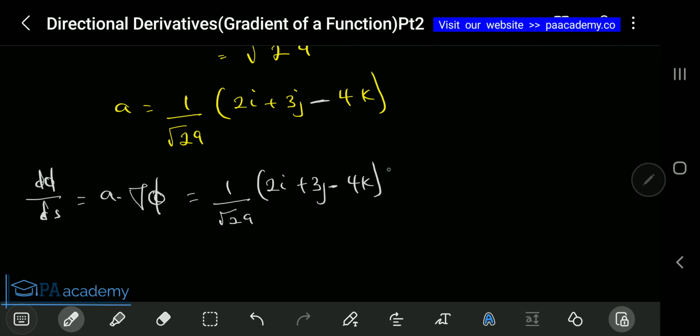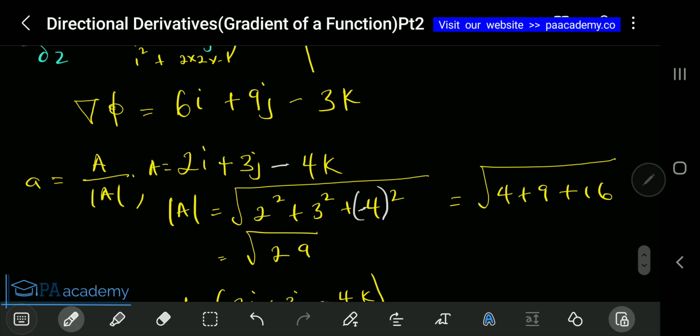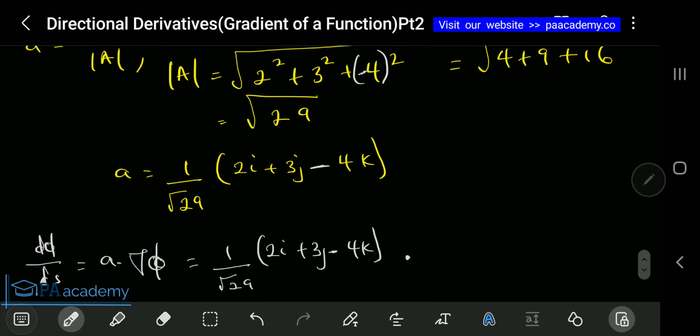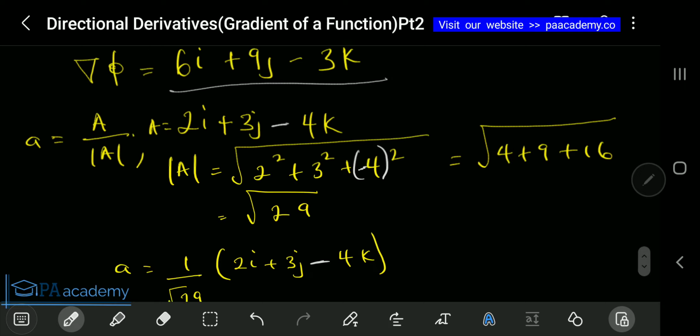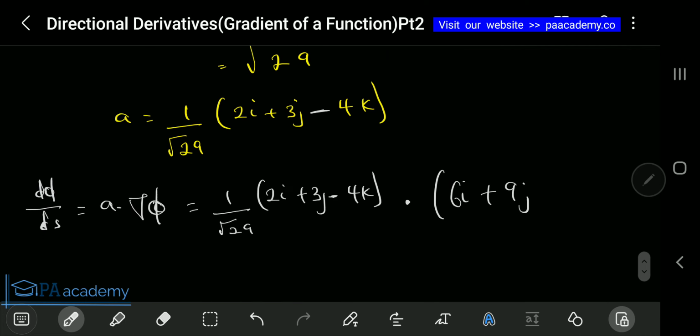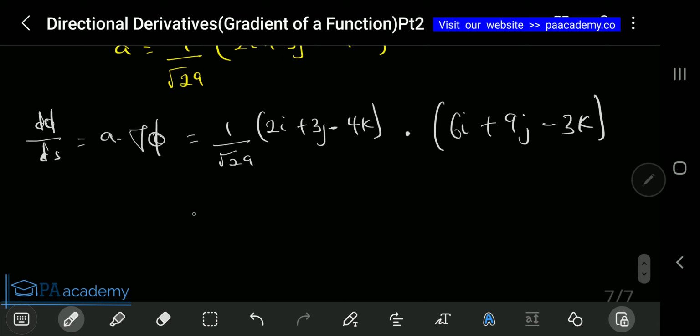So this is our a, and then the dot product with our del phi, which is grad phi, which is 6i plus 9j minus 3k. Just like we did in the other example, 1 over root 29.